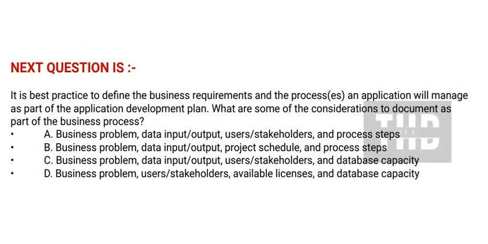Option C, business problem, data input output, users stakeholders, and database capacity. And option D, business problem, users stakeholders, available licenses, and database capacity. And the correct answer is option A.